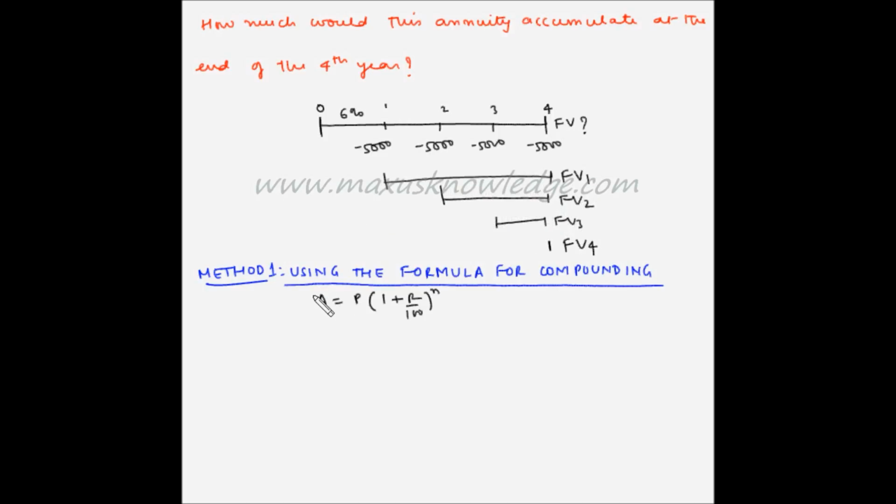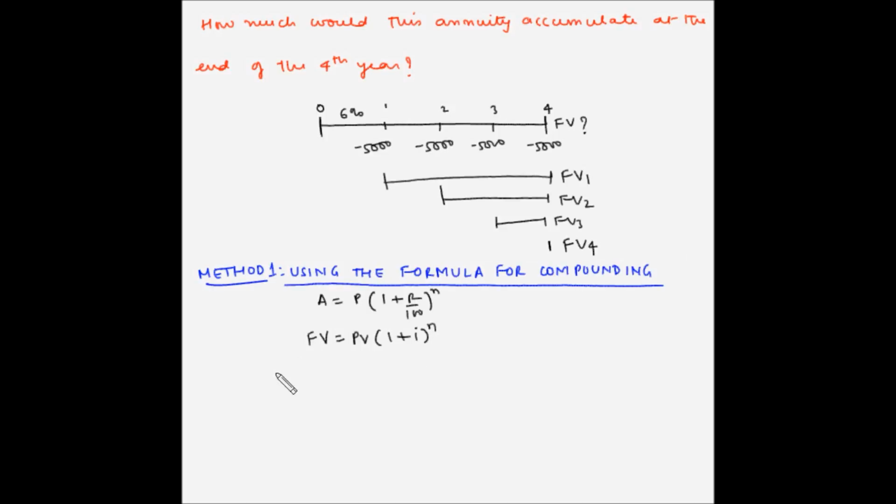So here A is the amount that you're receiving at the end of the tenure. So this can also be noted as future value. P is the amount that is invested at the beginning of the tenure. So this can be noted as present value. 1 plus R by 100 can be noted as I, and this to the power N.